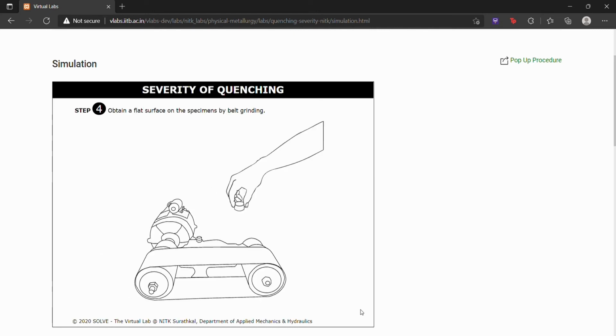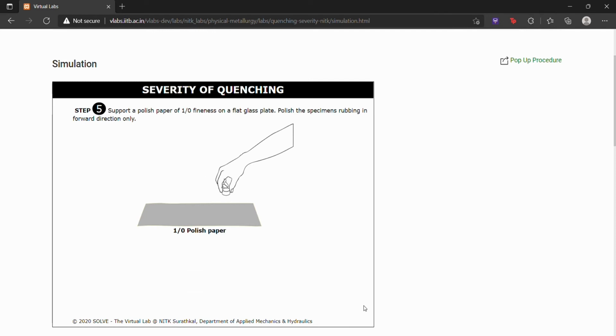Step 4 is to obtain a flat surface on the specimens by belt grinding. Step 5 is to support a polishing paper of 1/0 fineness on a flat glass plate.